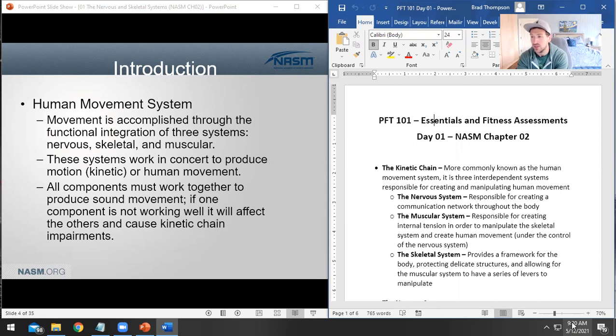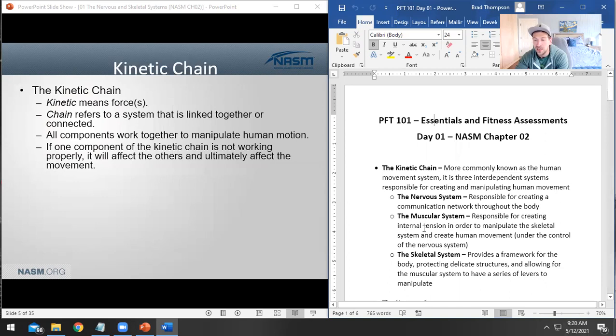And the three parts of that big overall system that manipulates our movement are going to be your nervous system, your muscular system, and the skeletal system. So we call this the kinetic chain because it's three interdependent systems that create human movement, right?